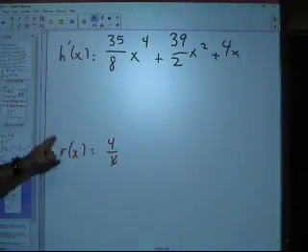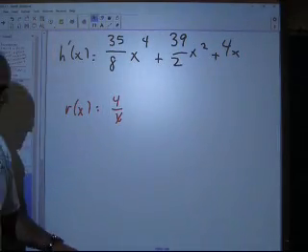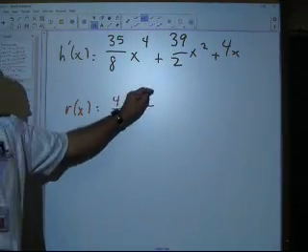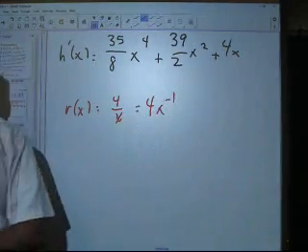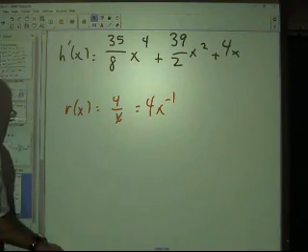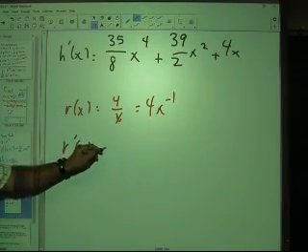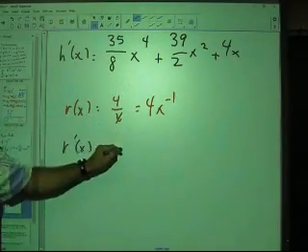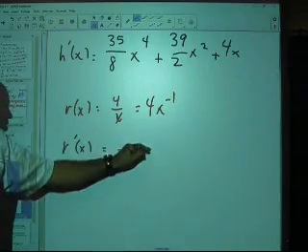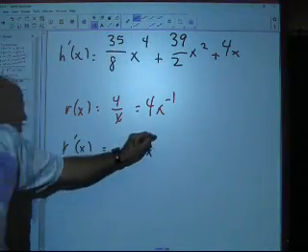Oh, R of x. Is that equivalent to this? Yeah. So let's talk this through for a second. We're taking negative 1 times 4. What's 1 less than negative 1?